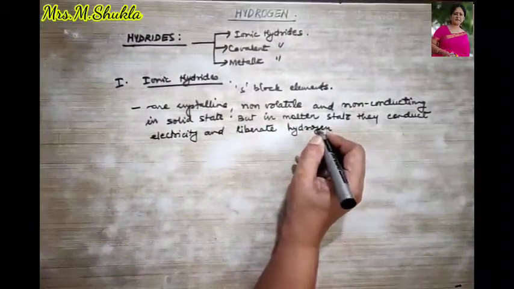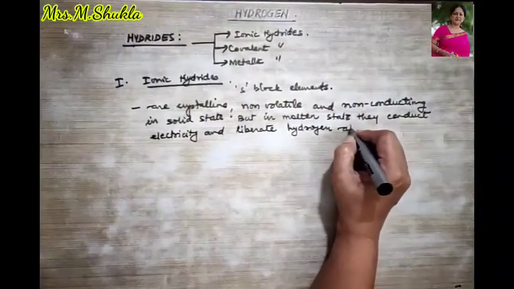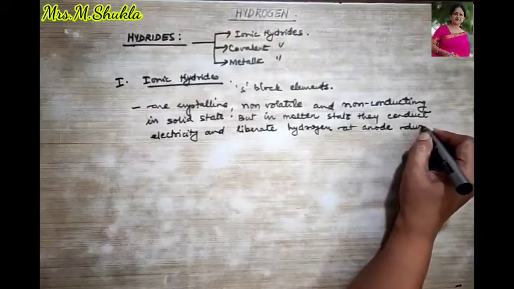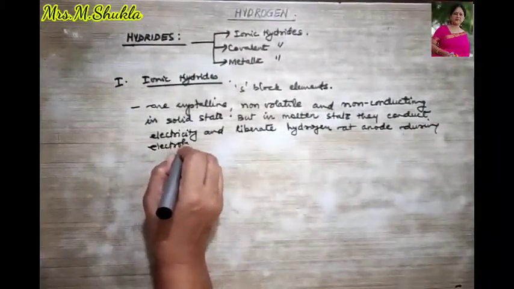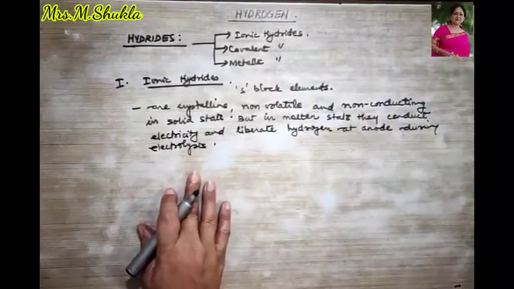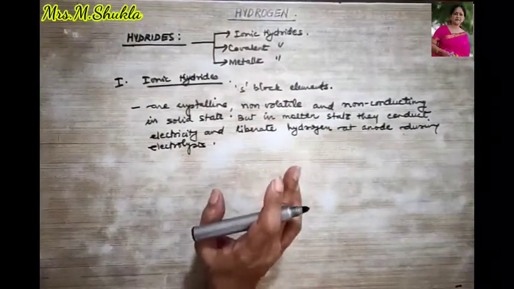Where? At which electrode does it liberate hydrogen? At the anode, during electrolysis. Clear? So this confirms the presence of the hydride ion.